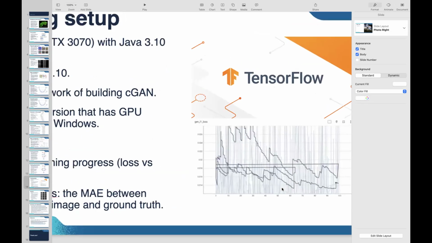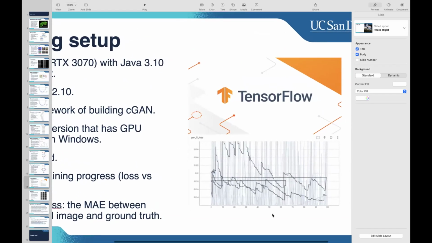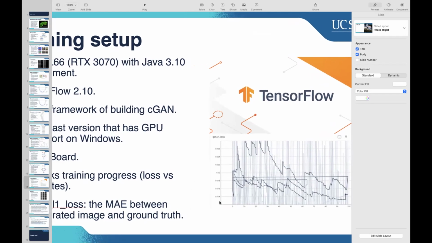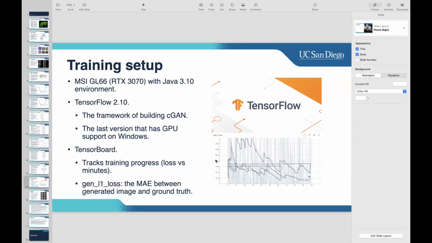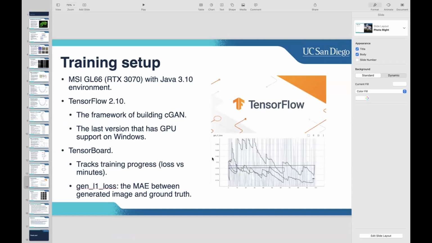So here in this image, this is the time in minutes. After each 100 minutes, it goes back to 0. So that's why you see these horizontal lines. And the vertical axis is Gen L1 loss. So basically, in the code, this is MAE.